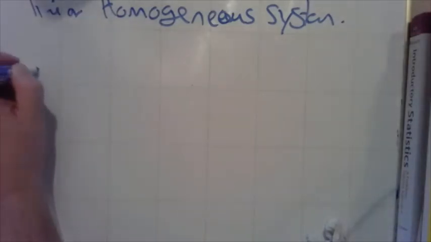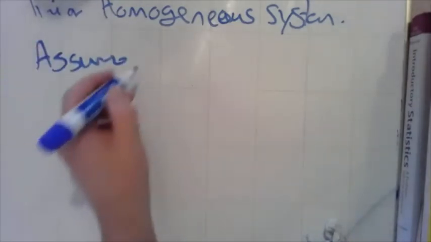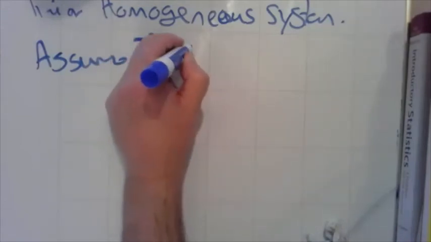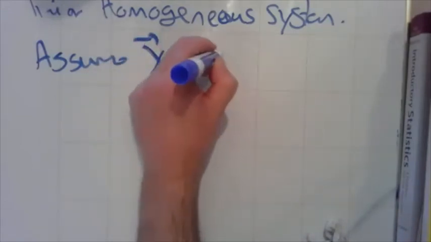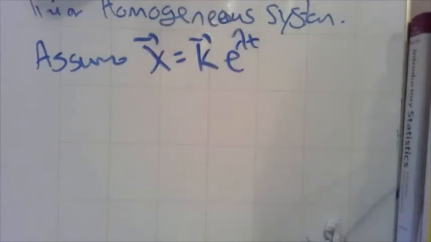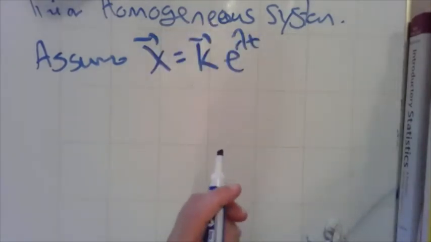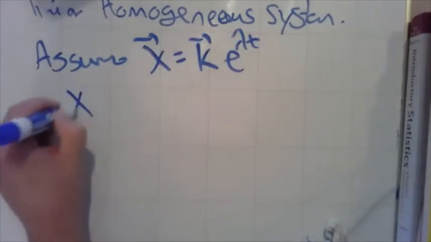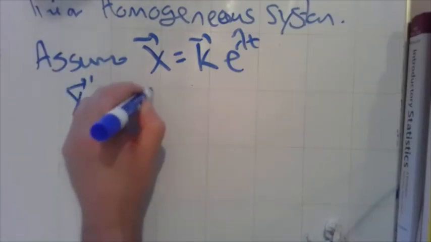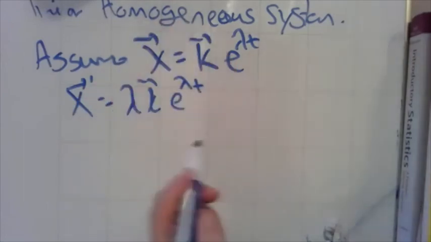Then we assume, literally just like we did in one dimension, our solution is of the form some k, that's a vector, times e to the lambda t. We assume our solutions look like this. Then x prime will be lambda k e to the lambda t. K is a constant vector here.